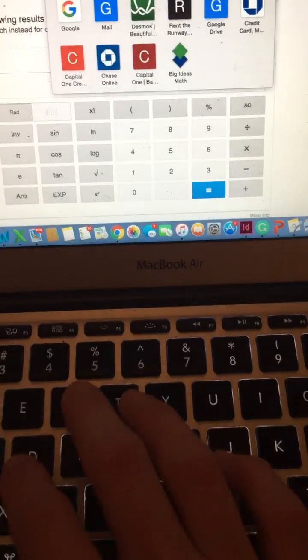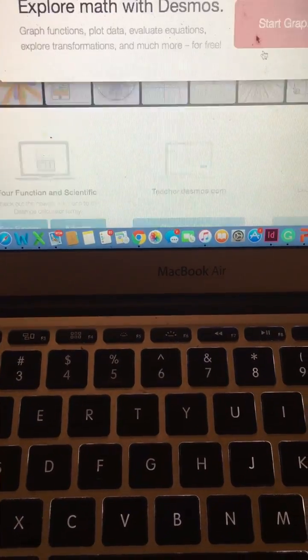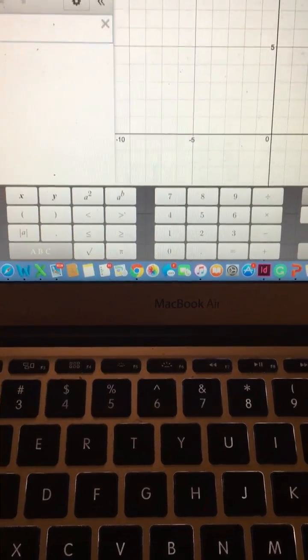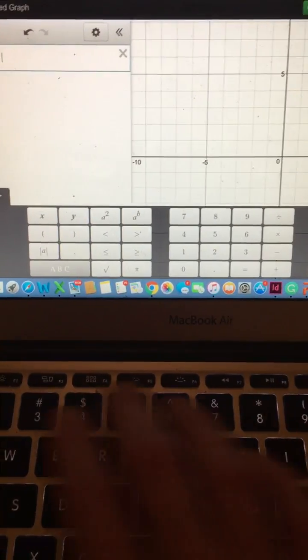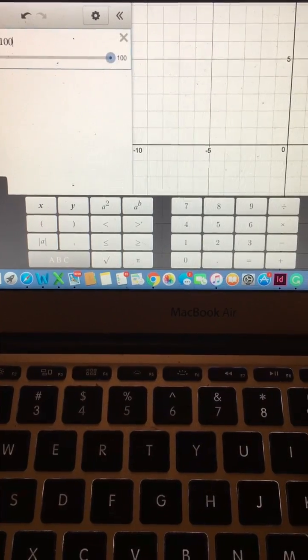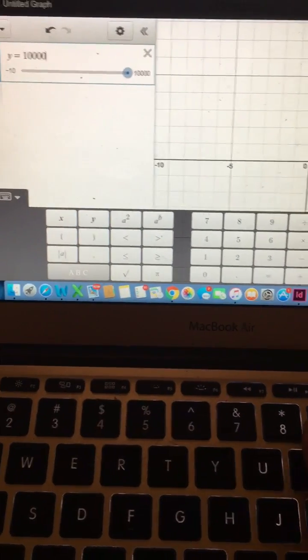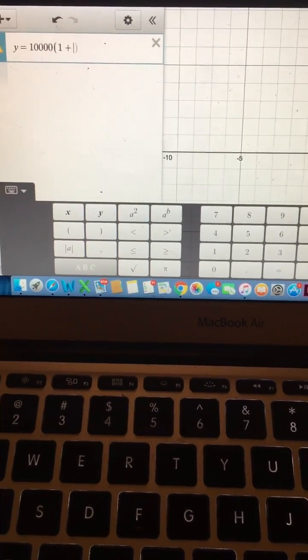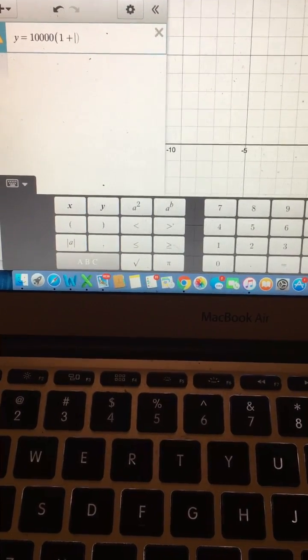Or you can go into Desmos. So here comes my equation. Y equals, we're putting in a $10,000 investment. I'm going to put in the value exactly as I saw it.